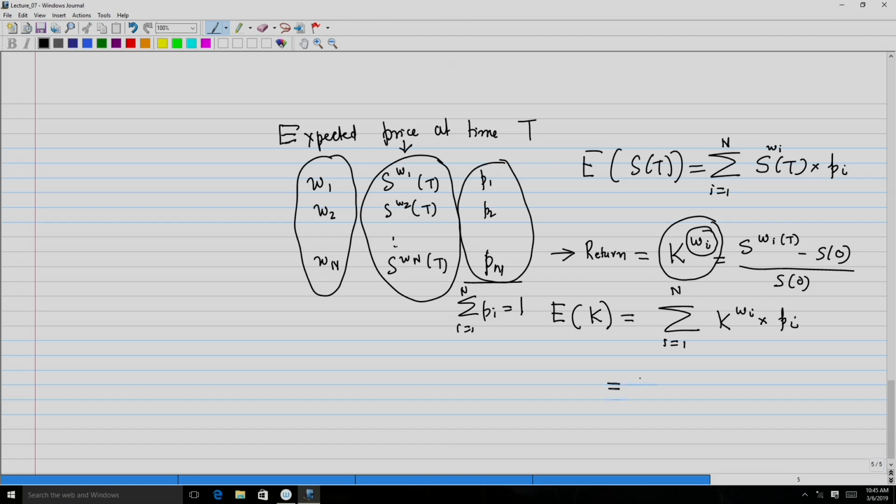Now, we can substitute k omega i. So, this will be summation i equal to 1 to n.